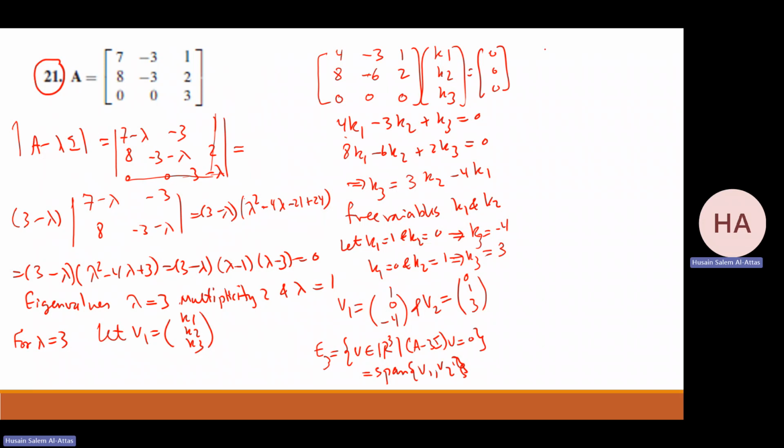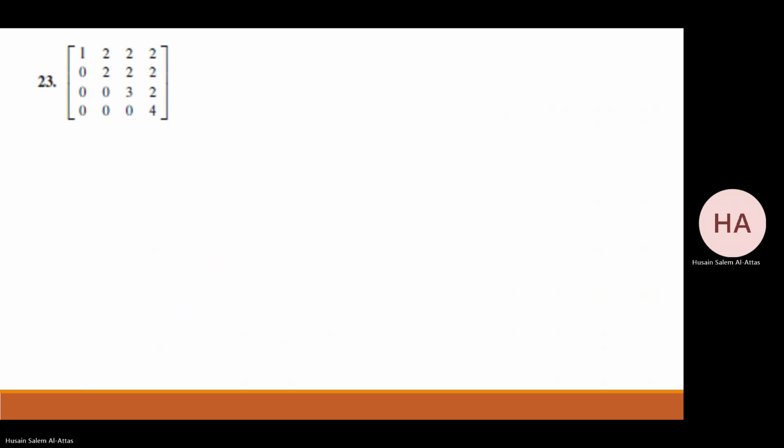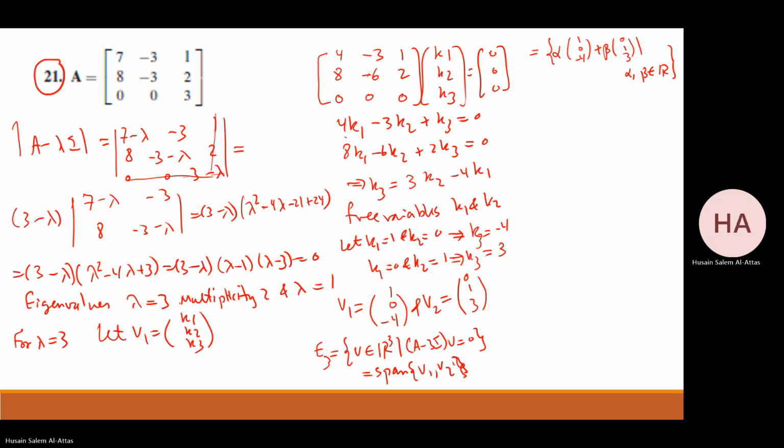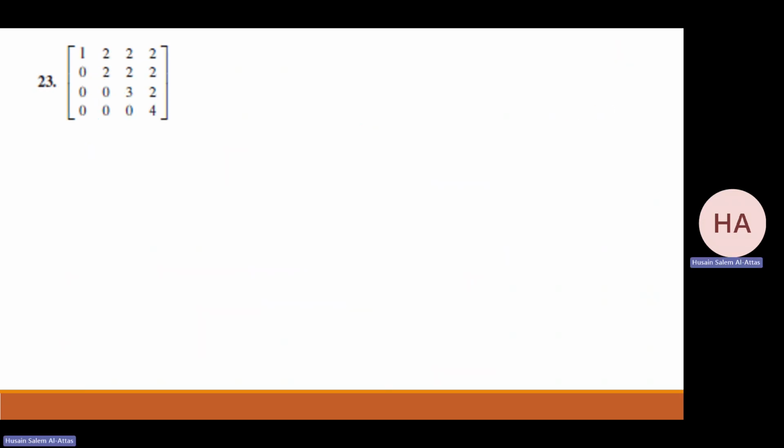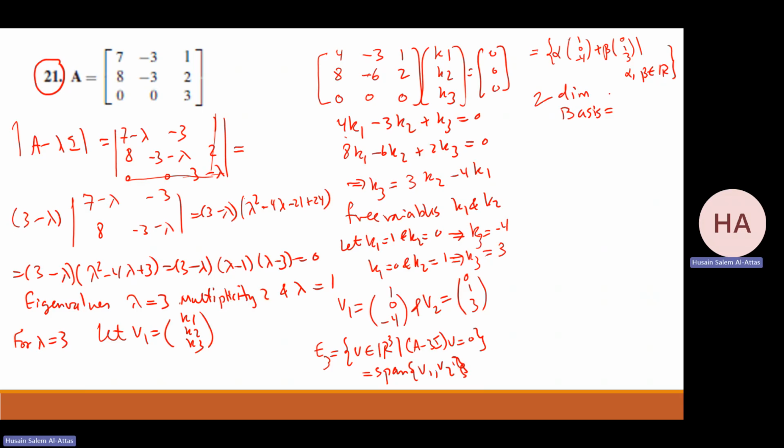And this I can rewrite as alpha (1, 0, -4) plus beta (0, 1, 3), where alpha and beta are real. And so I have 2 dimensions and the bases are V1 and V2.